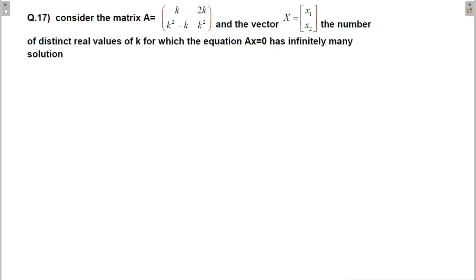Consider the matrix and the vectors x1, x2. The number of distinct real values of k for which the equation Ax equal to 0 has infinitely many solutions.